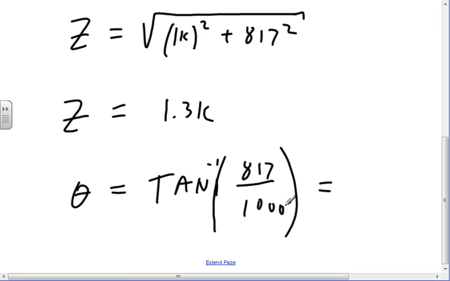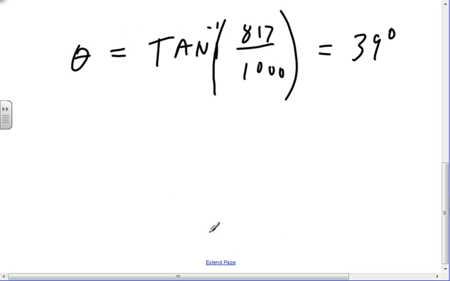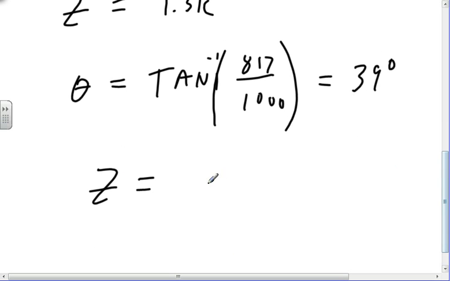I would have put it in my calculator, right. 39. So I got a phase shift of 39 degrees in that impedance. So the magnitude of the impedance is 1.3K with an angle of 39 degrees.